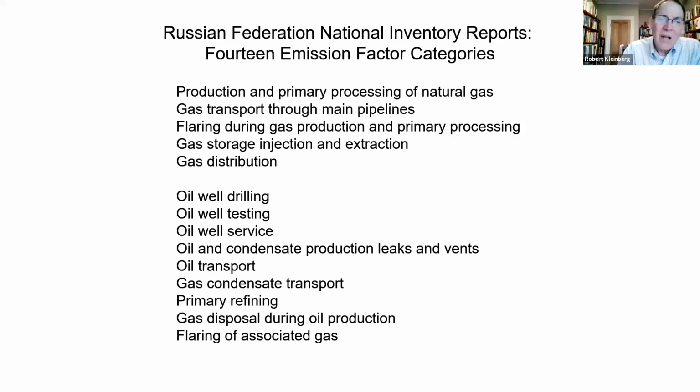So for example, to compute the methane emissions from, say, the main pipelines, line number 2, there's nothing about the length of the pipeline. It's all like, okay, the gross amount of gas produced by Russia, and there's an emission factor that you multiply, and that's their supposed methane emission.